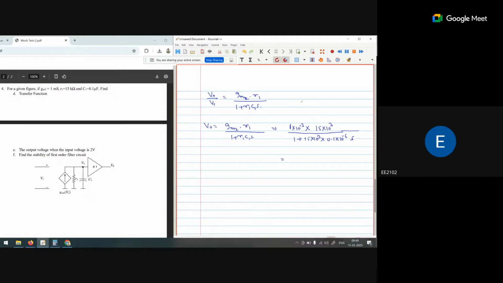So it is 15 divided by 1 plus 15 into 10 to the power minus 4 s.